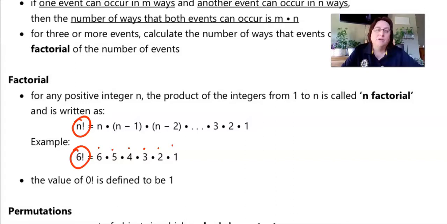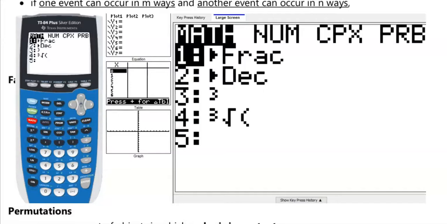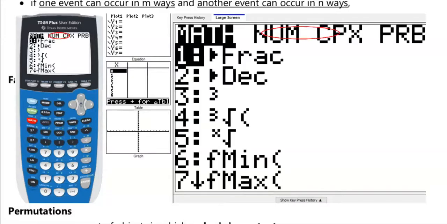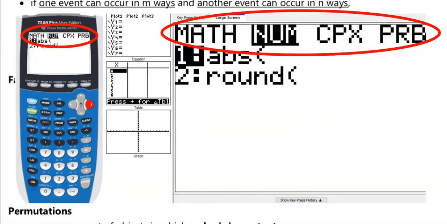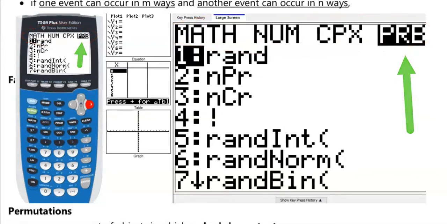Okay, so in your calculator, check this out. You're going to type in 20, and I'm going to show you where the factorial is. Hit the math button. And then if you notice up at the top, there is a header that says PRB. You're going to go to probability. Now in my calculator, the factorial is selection number 4.